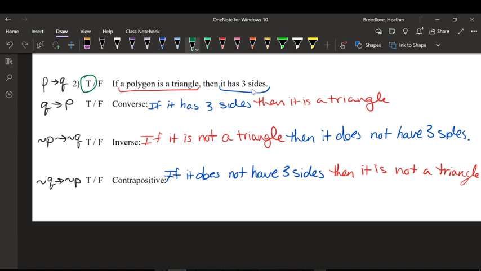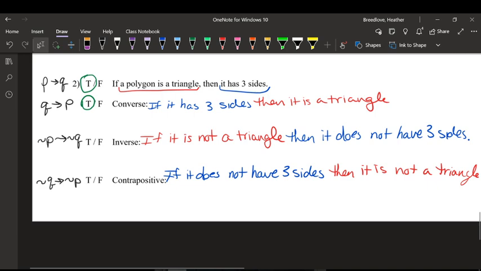What about the converse? If it has 3 sides, then a polygon is a triangle. Well, if it has 3 sides, are you going to call it something else? Are we going to call it a pentagon? No. Quadrilateral? No. We're going to call it a triangle, so there's no other word. So that is true. So both the conditional and the converse are true.